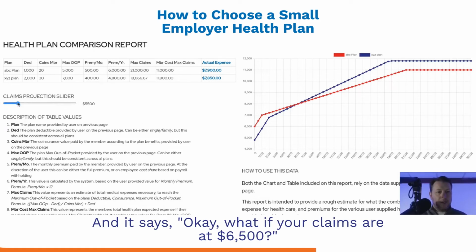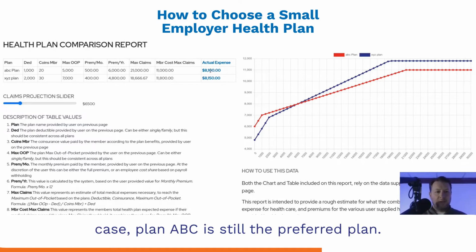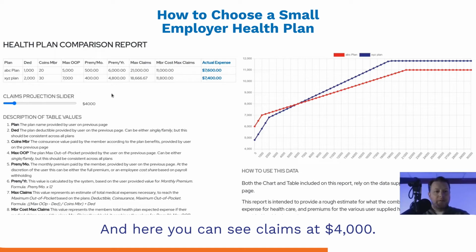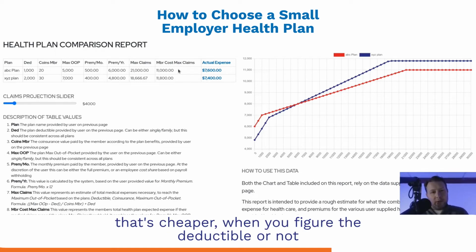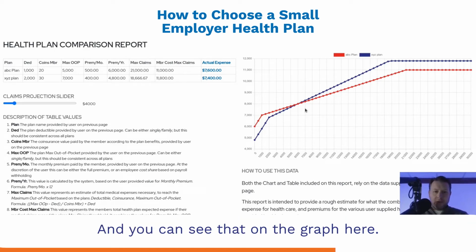It says, okay, what if your claims are at 6,500, and you can see here that in this case, plan ABC is still the preferred plan. But let's go a little bit cheaper. And here you can see at claims of 4,000, it's actually plan XYZ that's cheaper when you figure the benefits and then the premiums. And you can see that on the graph here.